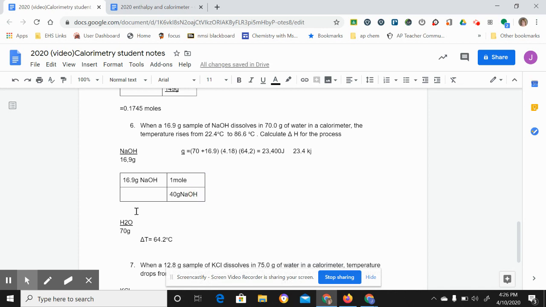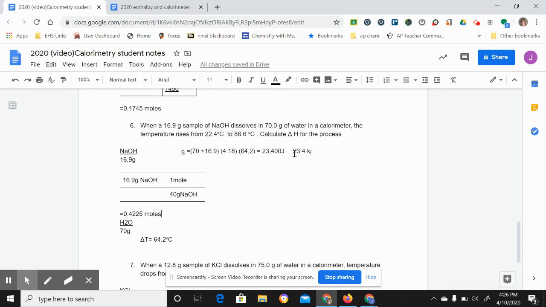So now if you calculate that out, 16.9 divided by that, you should get 0.4225. Get that? That now is your moles.